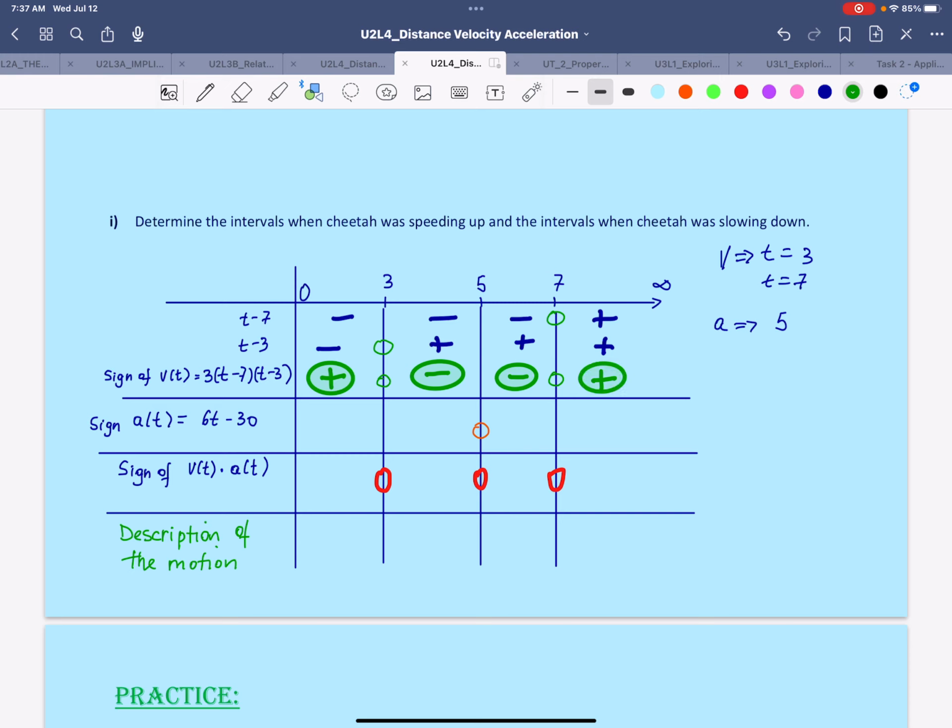Now we'll do acceleration. So what we have in here is, again, a linear function with 0 at 5. So starts low and goes high. So that means that acceleration here is negative, negative, positive, positive. So now we're going to marry these signs together. So that sounds fancy. So we have a plus for velocity, a minus, a plus.